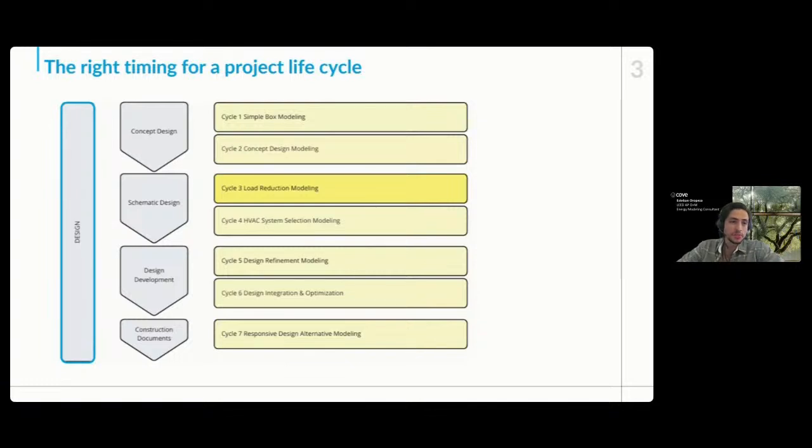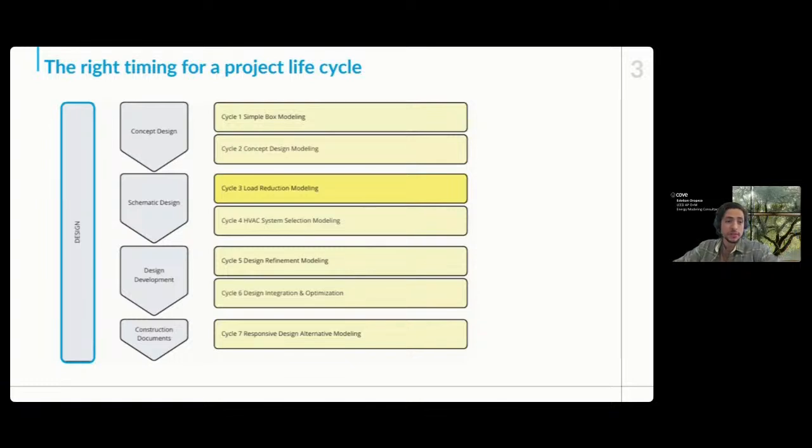For concept design, generally speaking, you can just go with simple box modeling, and you will get very relevant information without needing to spend a lot of time or resources on it, and that can generate your concept design modeling. For schematic designs, you would expect to be working with load reduction modeling or HVAC system selection.